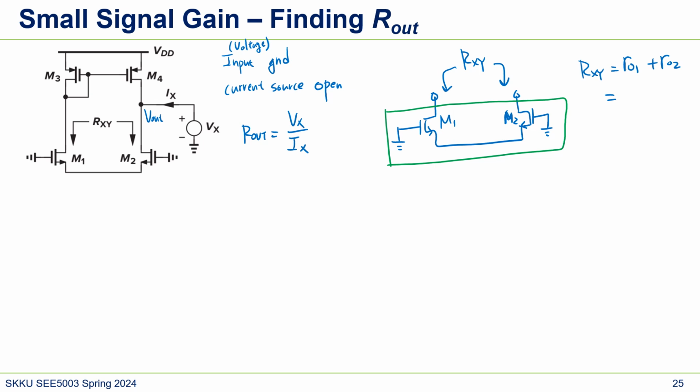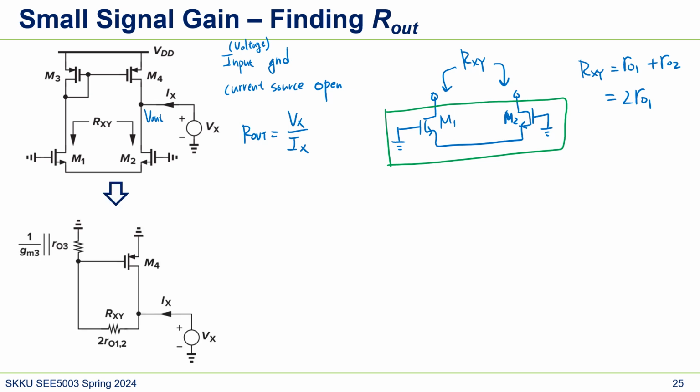And then this will be 2 RO1. We'll just assume that RO1 and RO2 are the same. So with that, we can change the circuit like this, and there's RO4. This part is replaced by this 2 RO1, which is Rxy, right?